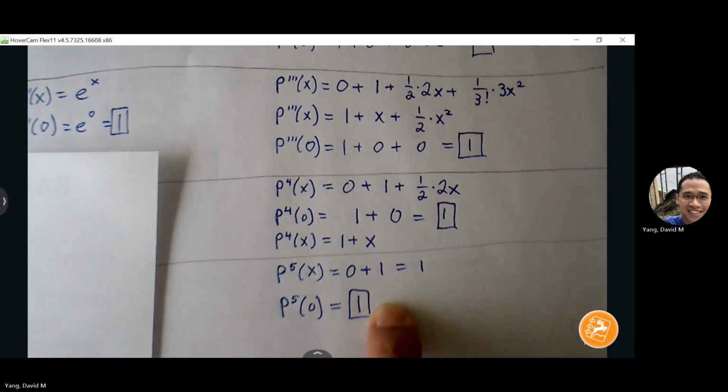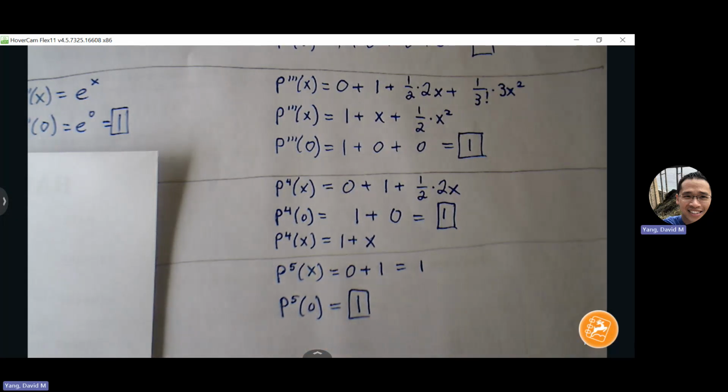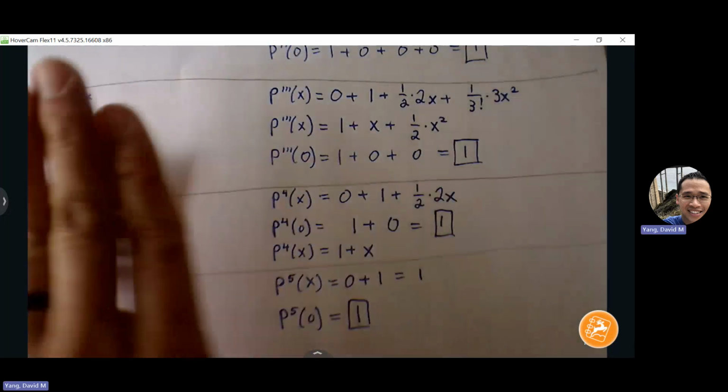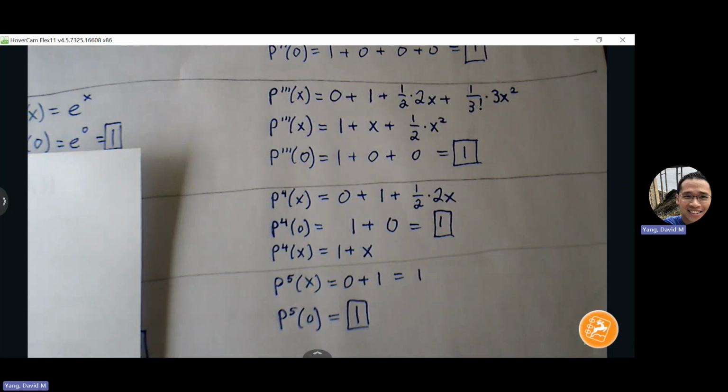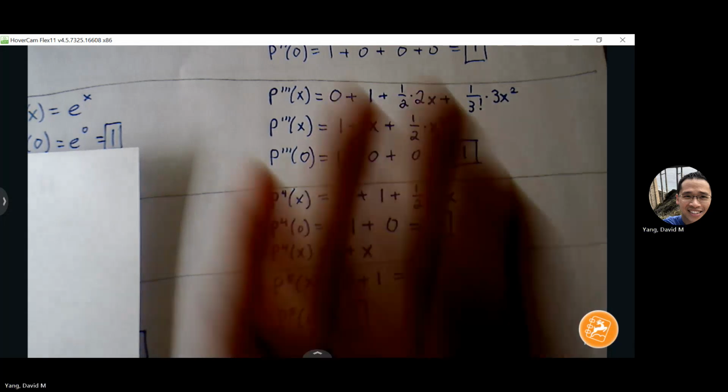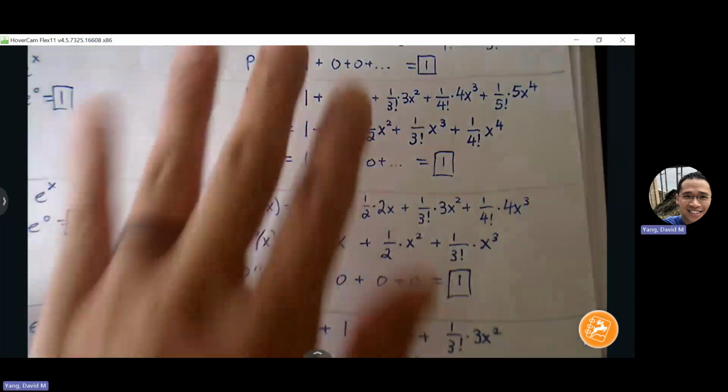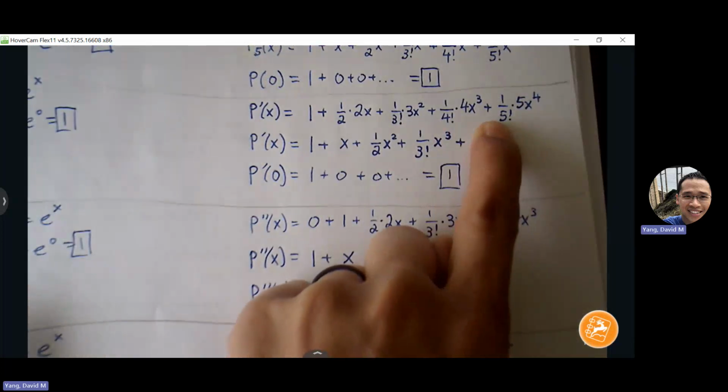And so the reason why this polynomial is able to do a pretty good job of matching with this function is because it's matched stride for stride with the function up to the fifth derivative. I just want you guys to see that the factorial is kind of doing its job, right?